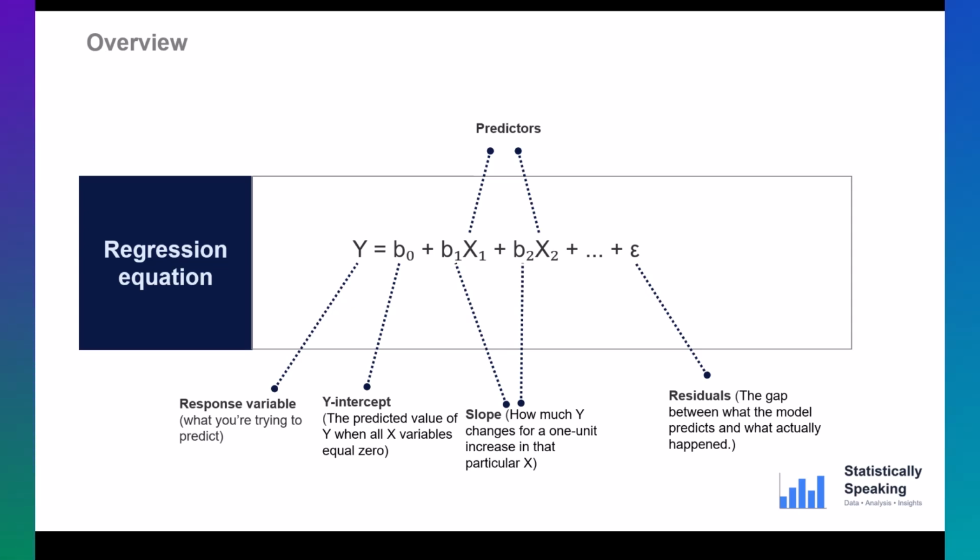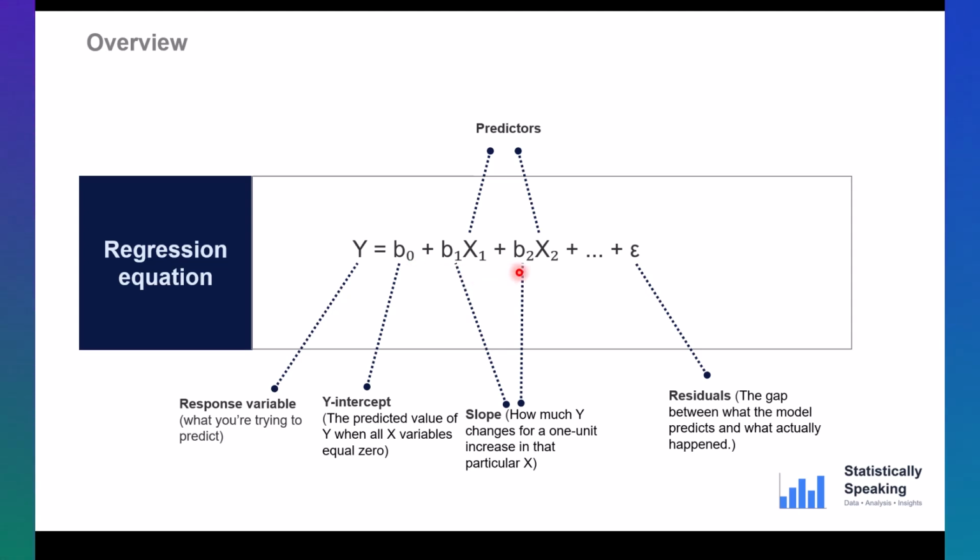So now let's understand the parts of the regression equation. So y is, as I mentioned, the response variable. It's what you're trying to predict. B0 is basically the y-intercept. It's what happens to the response if you set every other value, all the predictors, to 0, then that's your y-intercept.